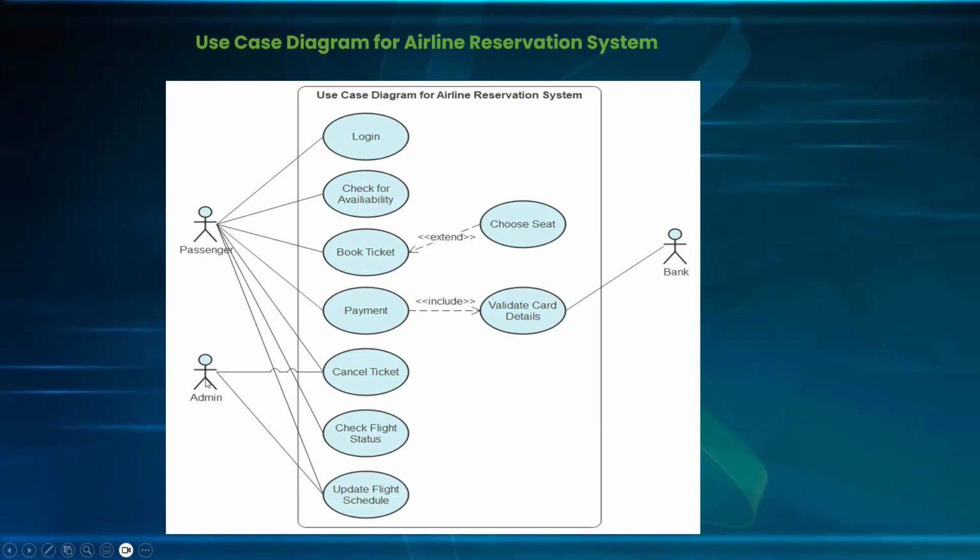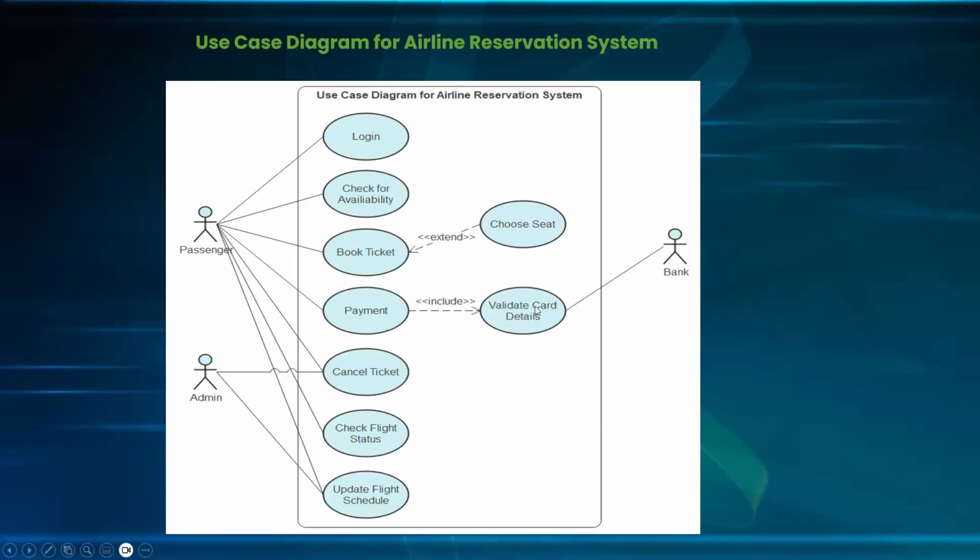Admin here is also a primary actor. The line linking admin to the use case is called association. The same thing goes to the passenger and the use cases. We also have the secondary actor, which is the bank.